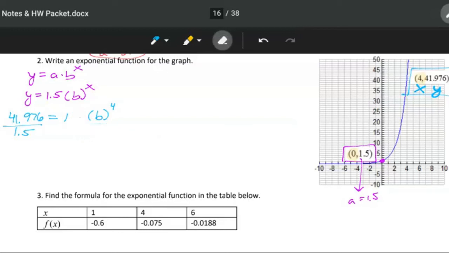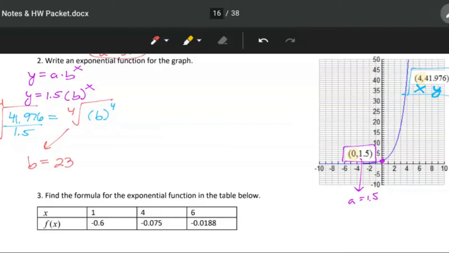So the 1.5's cancel, and we've got b to the 4th. And to get b by itself, we can just 4th root both sides. And then you could type that into your calculator. Excuse me. 4th root of all of that, I believe, is 23.